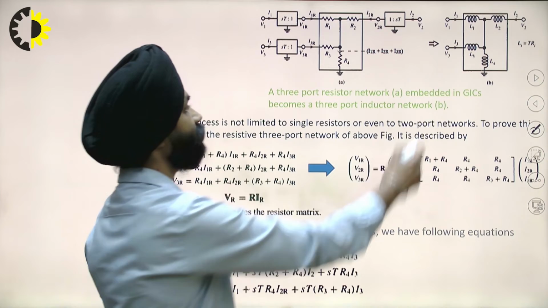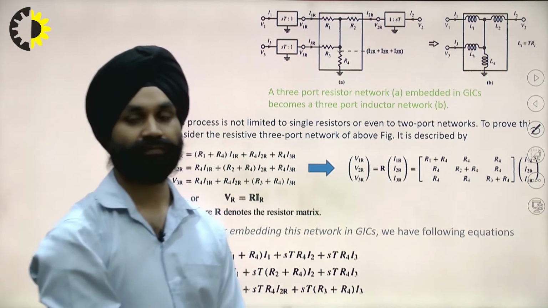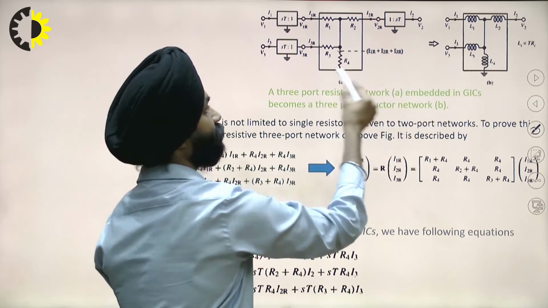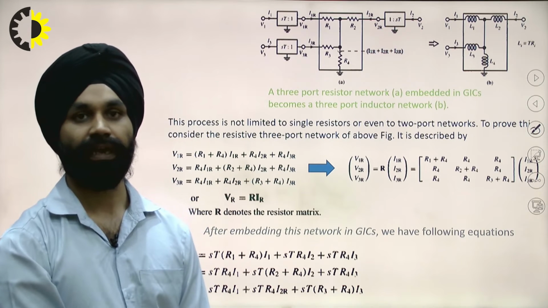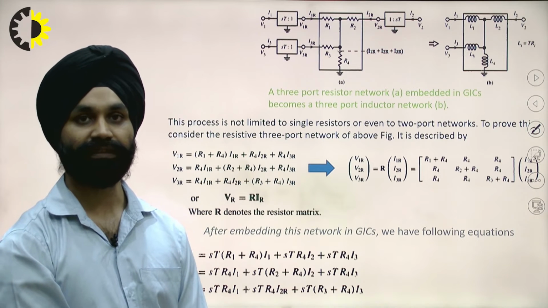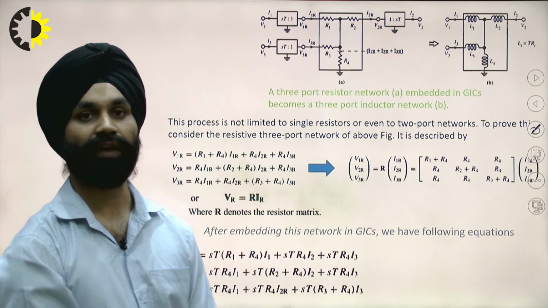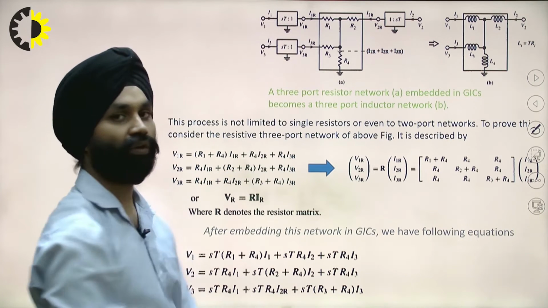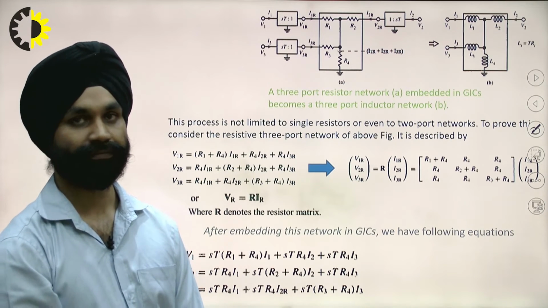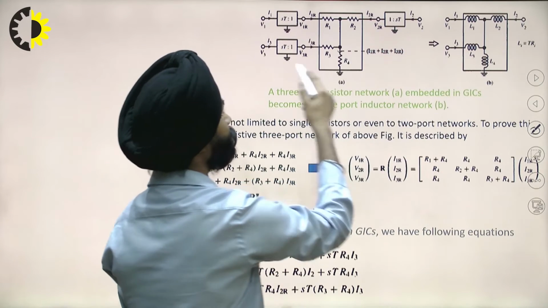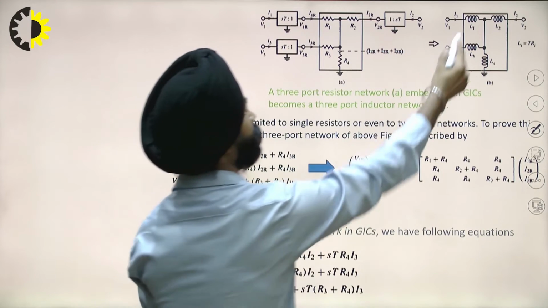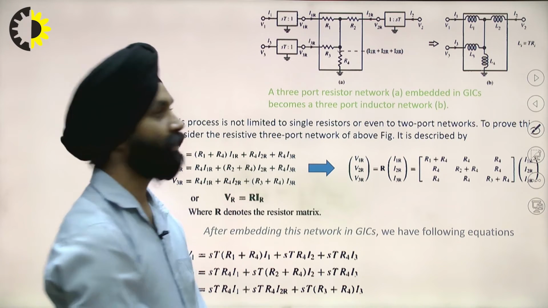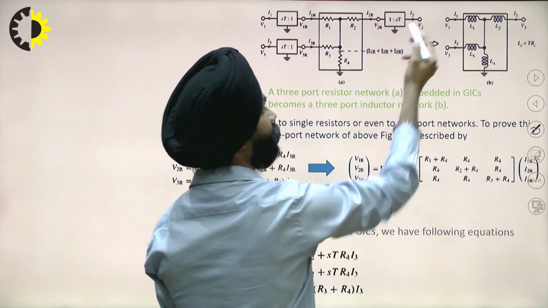So the representation of this circuit can be given by the resistance in place of the inductors, and wherever we have replaced resistance, we need to have GIC. So GIC is replaced with a block of ST ratio 1. So this inductor is replaced by ST ratio 1. This inductor is also replaced by ST ratio 1 with the resistor R1. This inductor is also replaced with ST ratio 1.